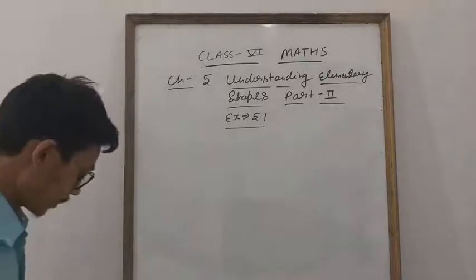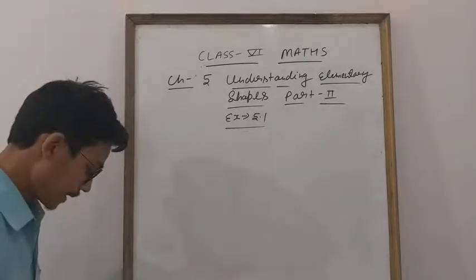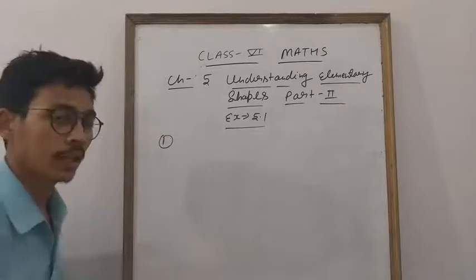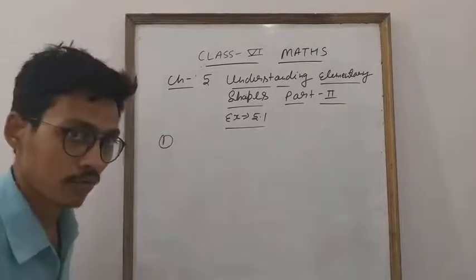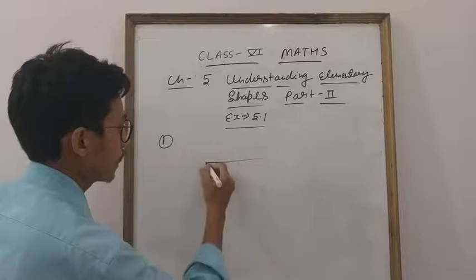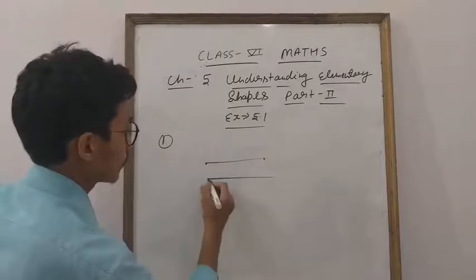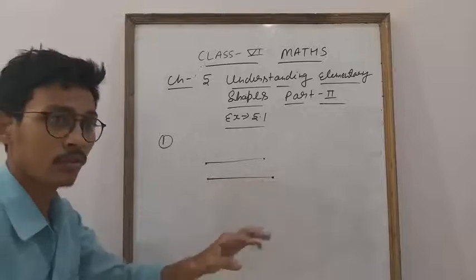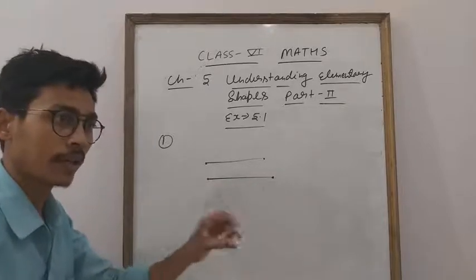The first question given: what is the disadvantage in comparing line segments by mere observation? Now everyone knows what the disadvantage of mere observation is. For example, if this is a line and this is a line, can anyone say which one is longer? If there is a minor difference, you cannot tell accurately.